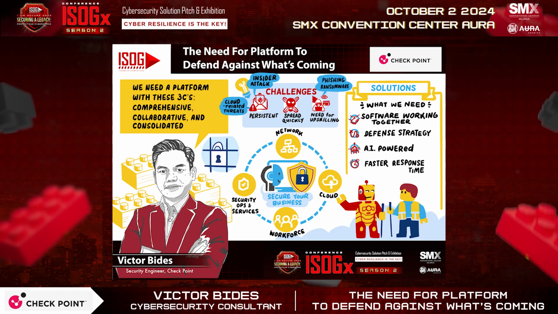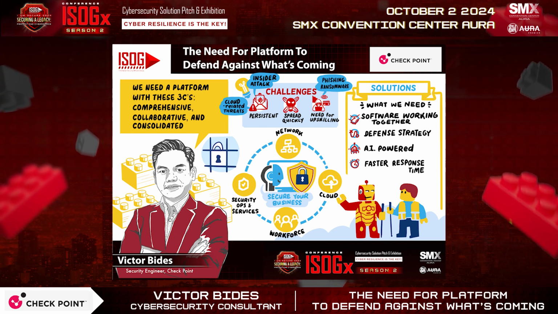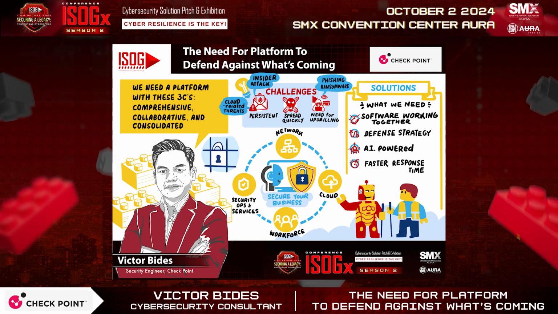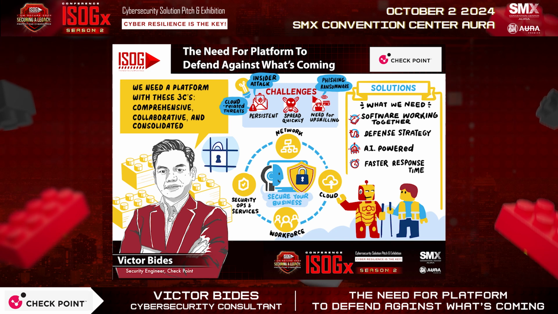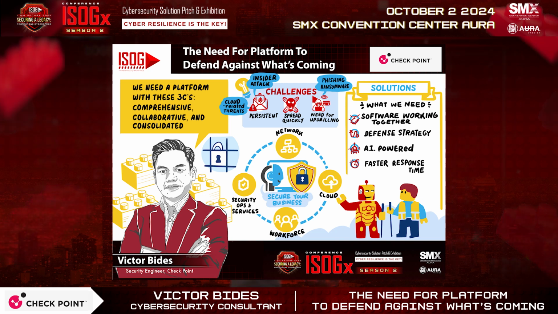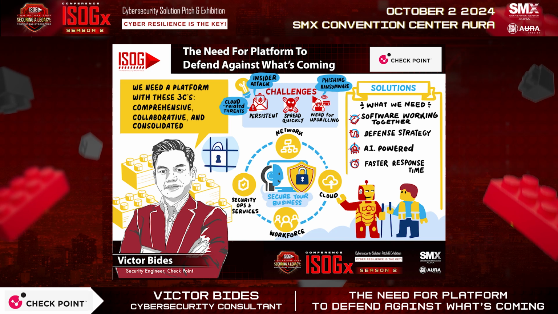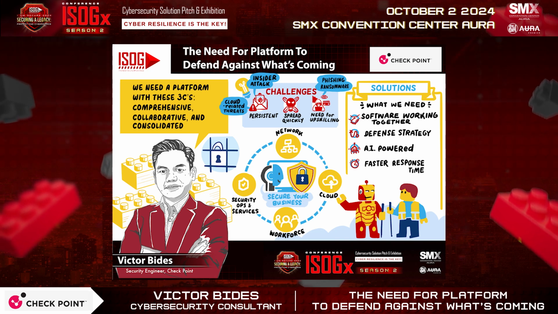Ayan, so sabi nga niya, with his 3 takeaways, his 3C concept, ayan, so we have the comprehensive, which means covering different attack vectors, and then consolidated, another C of his, and his 3rd C is collaborative. So those are the things that he mentioned.